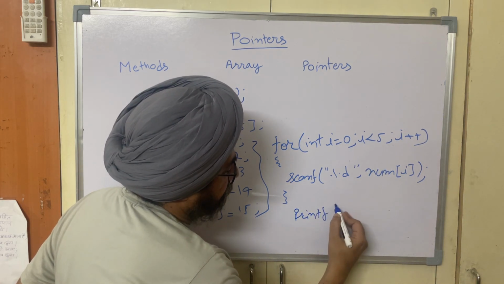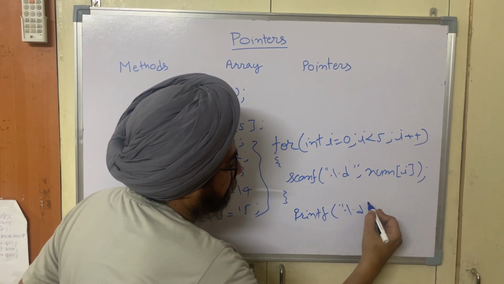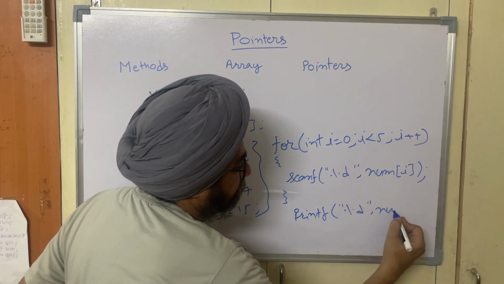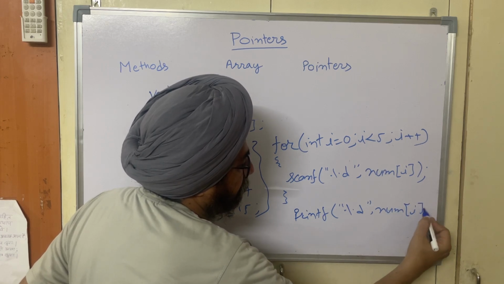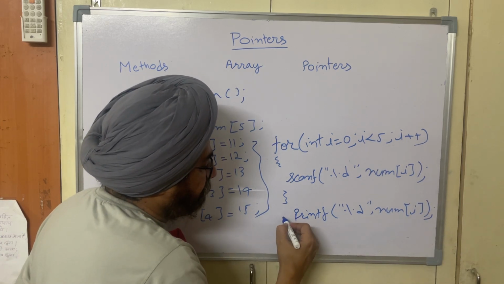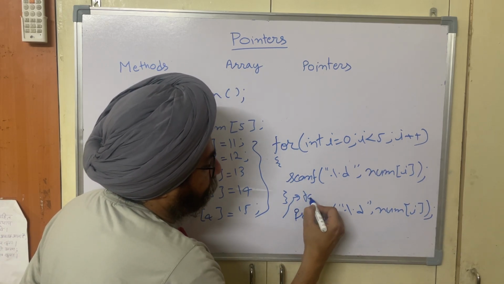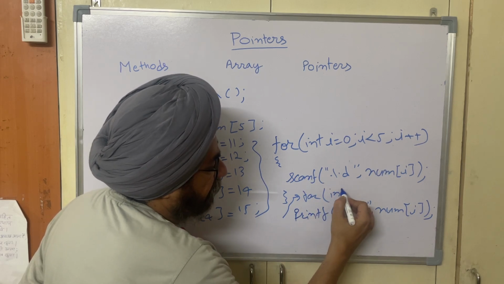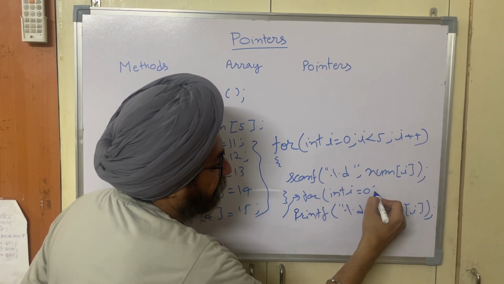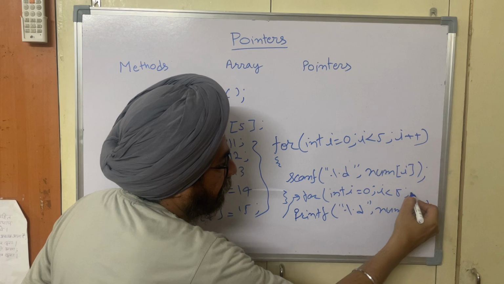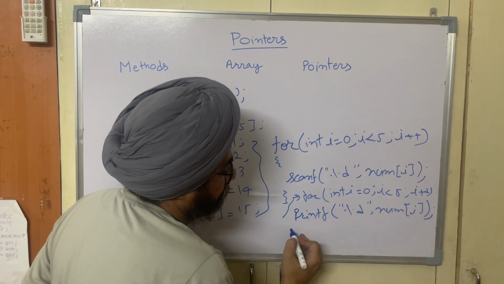Like this, we provide %d and num[i]. But this statement should also be inside the for loop, for (int i = 0; i < 5; i++), and so on.